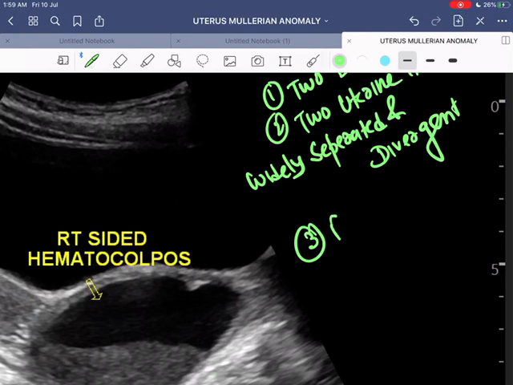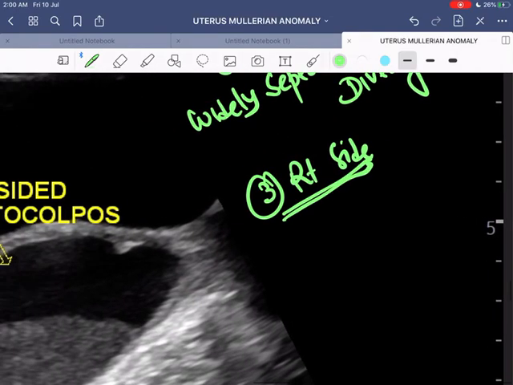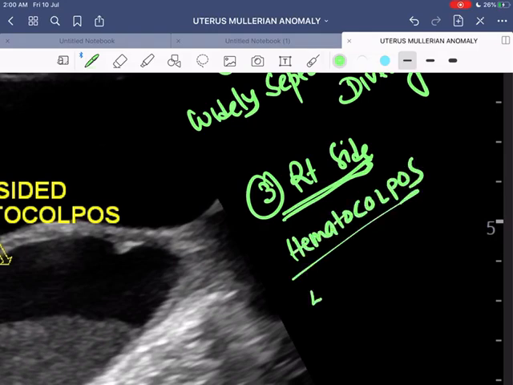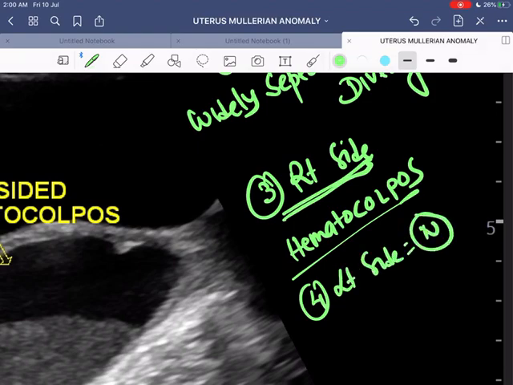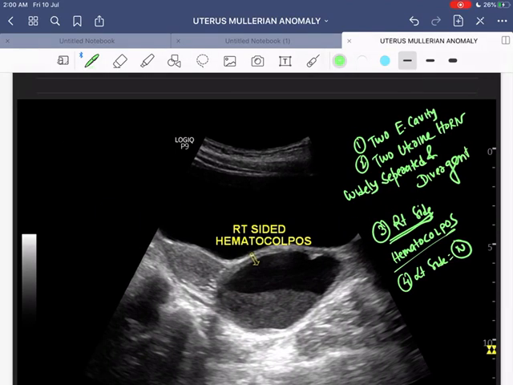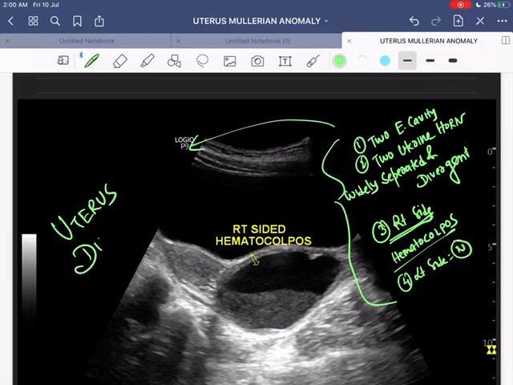Third, on the right side there is vaginal outflow obstruction resulting in hematocolpos, whereas the left side is normal. If we put all these findings together, then our diagnosis is uterus didelphys.